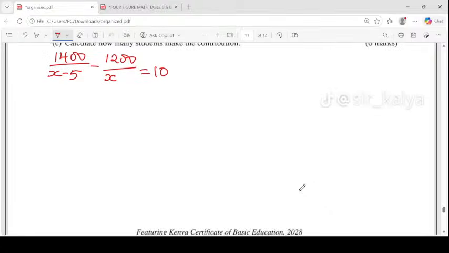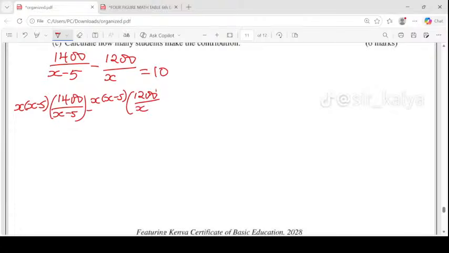So I can do it this way. I can multiply both sides by the LCM. The LCM of the denominators is x into x minus 5, multiplied by 1400 over x minus 5, then minus x into x minus 5 into 1200 over x, should be equal to 10 into x squared minus 5x.